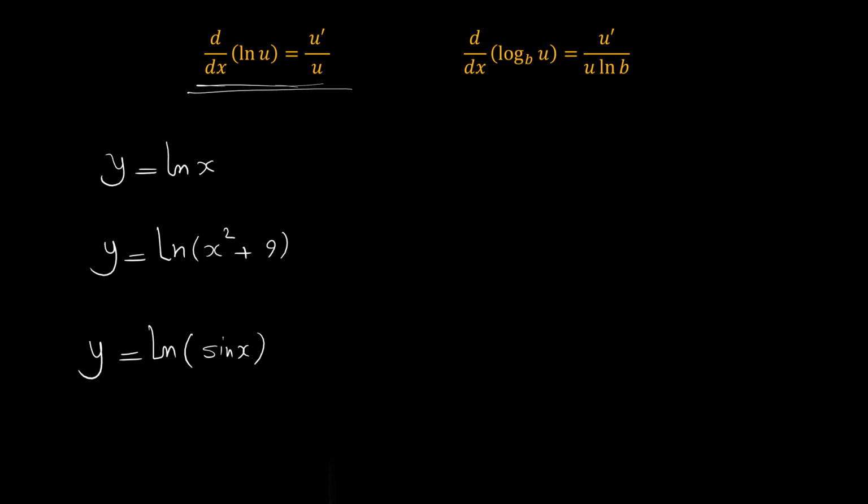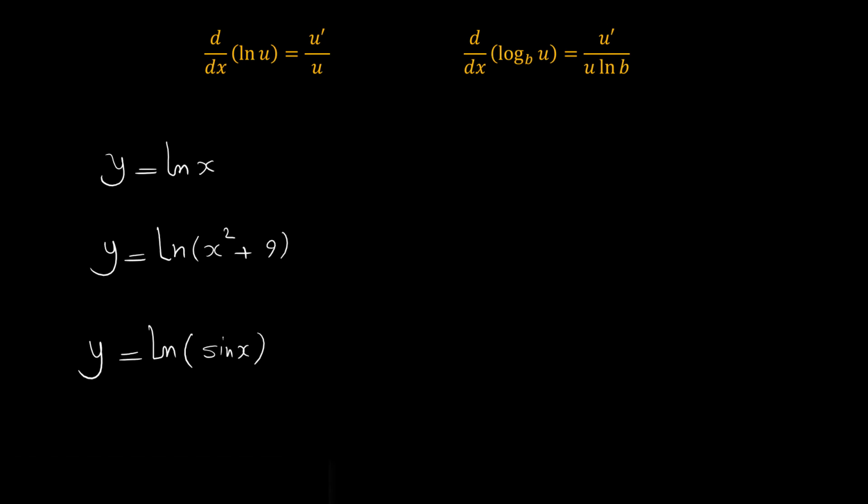Derivative of ln of u is u prime over u. In this formula, u can be any expression in terms of x. For example, u can be x squared, sine of x, square root of x, or any other expression in terms of x.